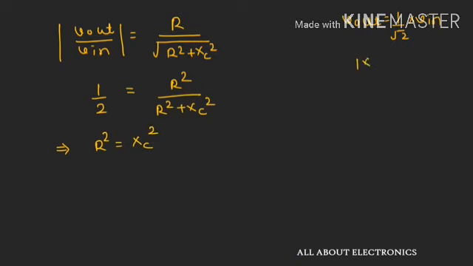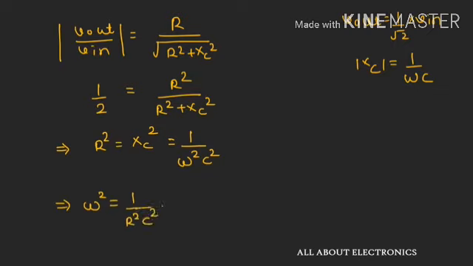We know that Xc is nothing but 1 divided by omega C. So we can write X square as 1 divided by omega square into C square, and if we further simplify it then we will get omega square equals 1 divided by R square into C square, and hence omega is equal to 1 divided by RC.